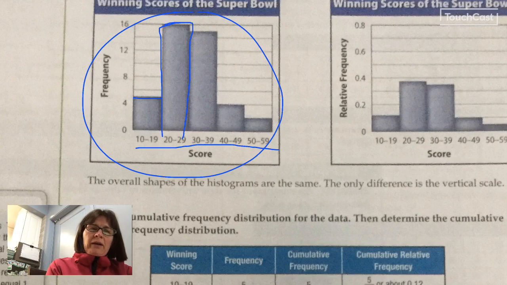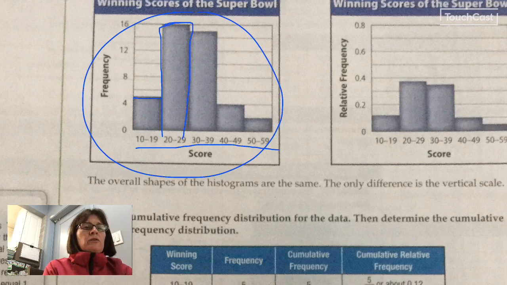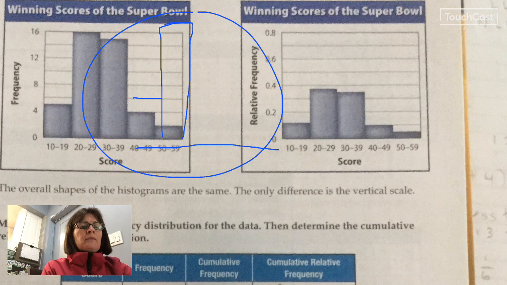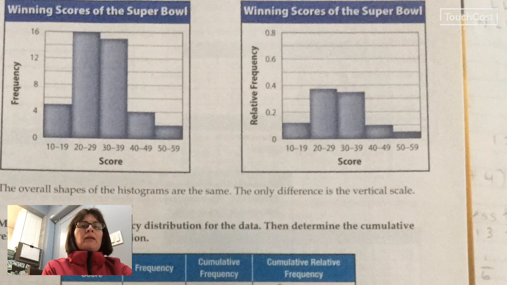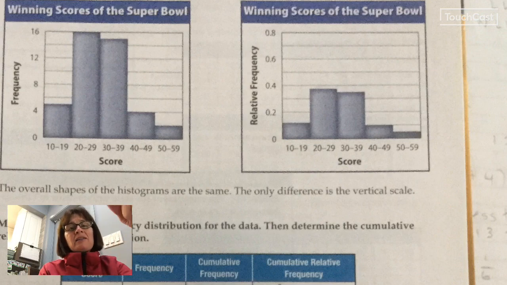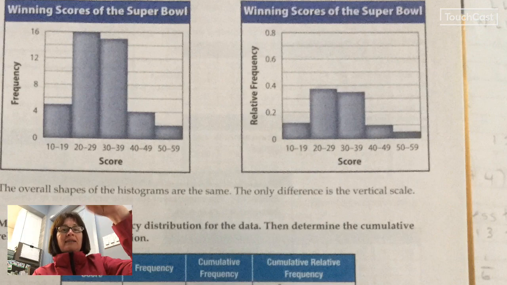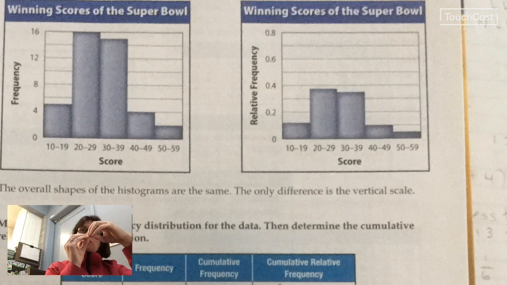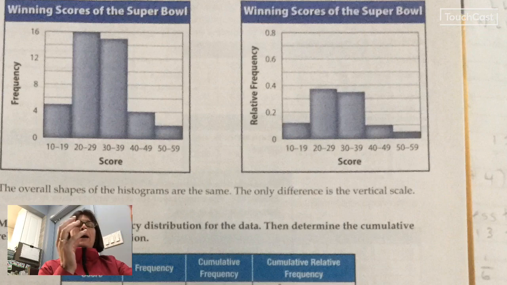I could also make what's called a relative frequency histogram. Notice what happens here. The shape is exactly the same, but instead of making the heights of the bars the number of data points in that category, I make it relative to the whole.